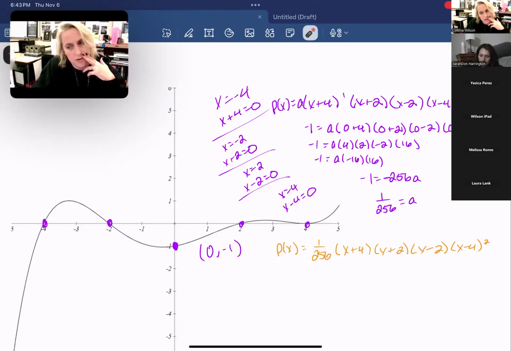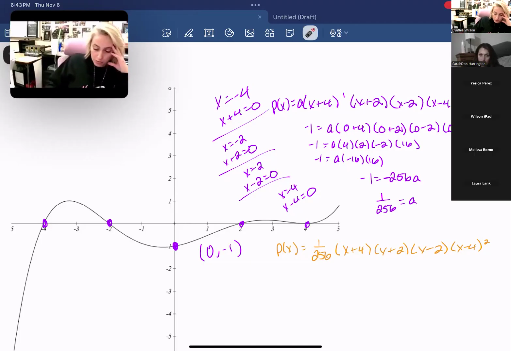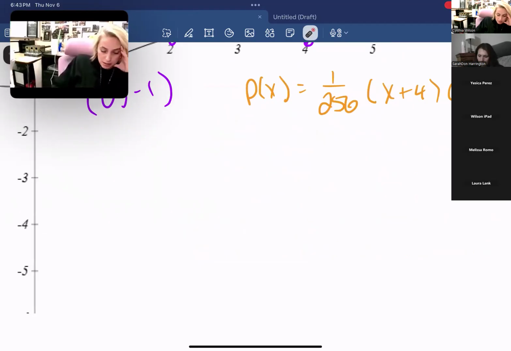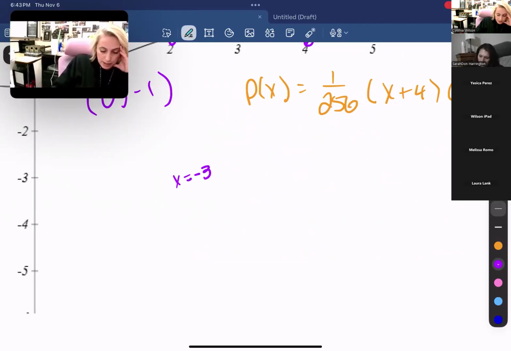I don't know what vertical line you're talking about on that picture. Yours is literally the same thing. You have an x-intercept at -3, -1, +1, and 3, and your y-intercept is at -4. So you would do the exact same thing. You have x equals -3, so it'd be x plus 3.